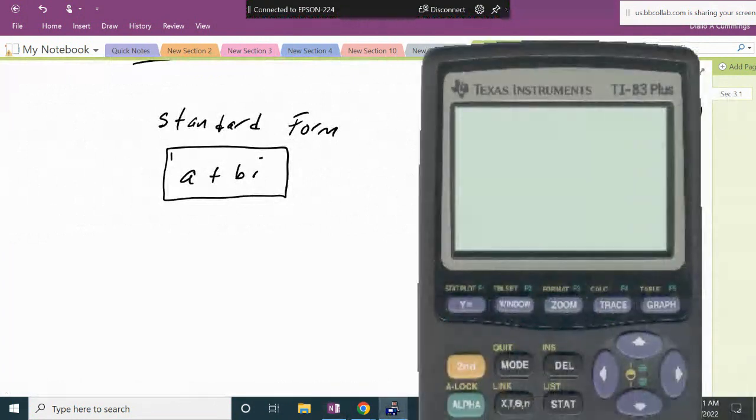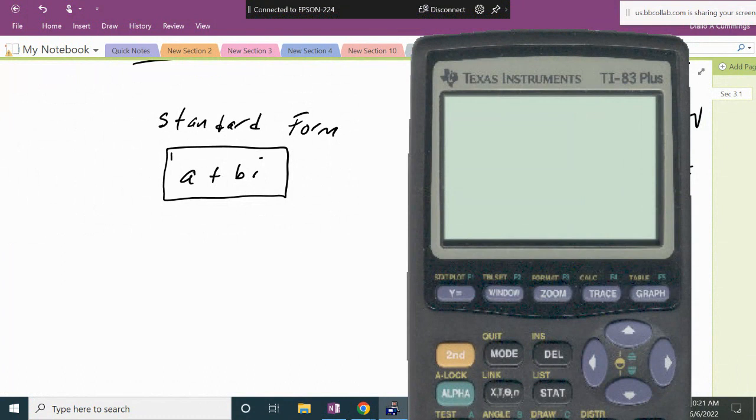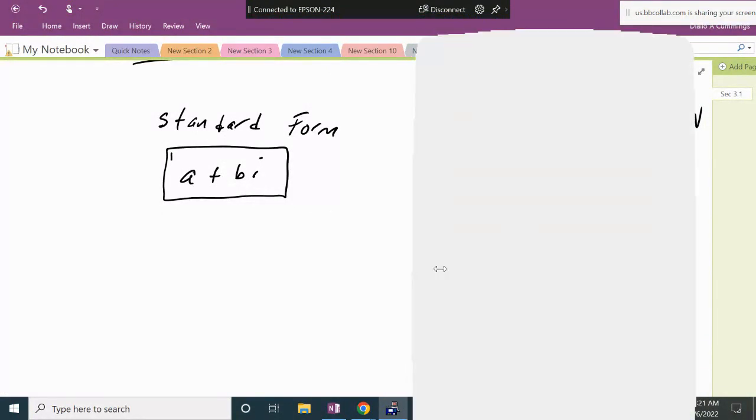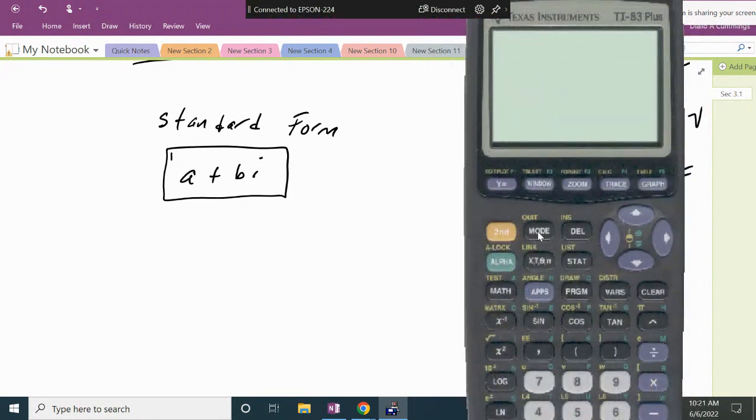As far as this calculator is concerned, I'll try to shrink this down some. I'm going to go into mode for just a second. I'm going to turn it on first.